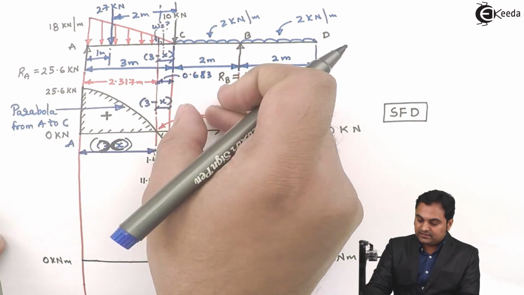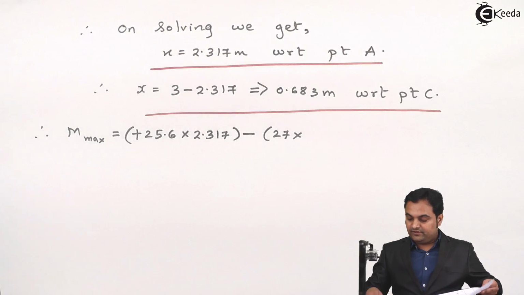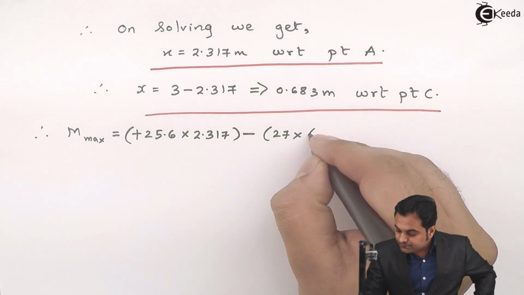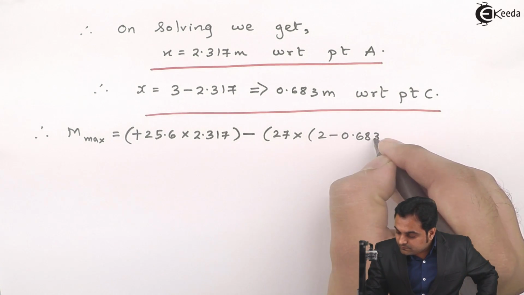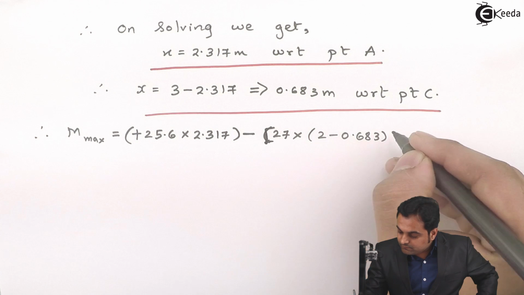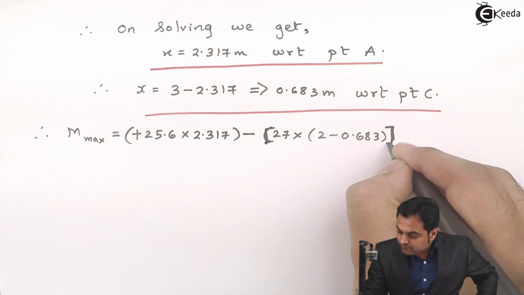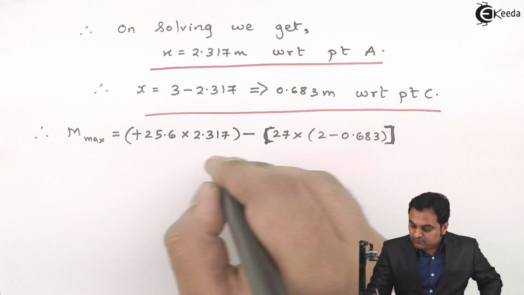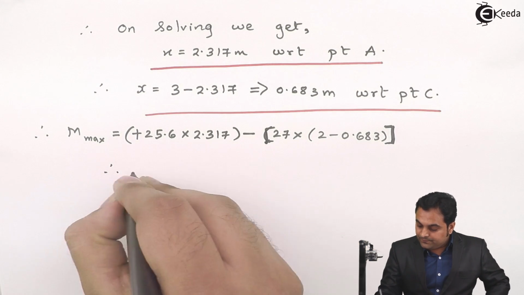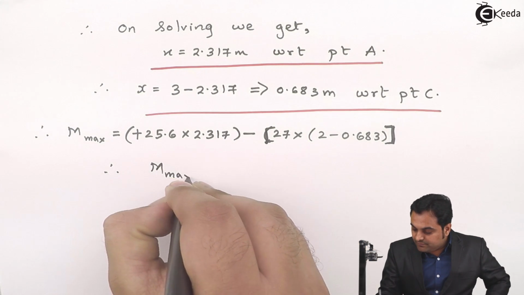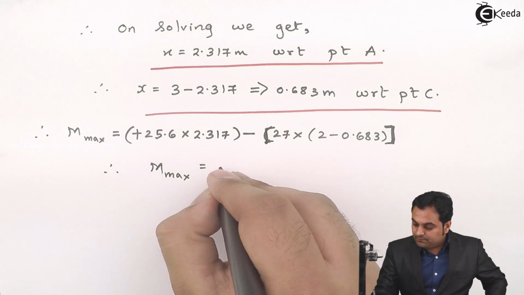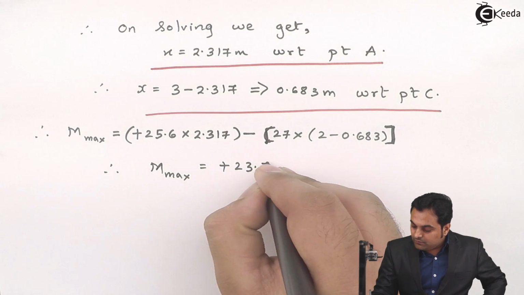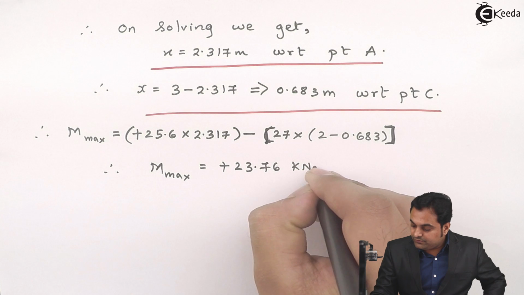So from 2 I'll subtract 0.683, that will give me the distance. So therefore on calculating, I'll get the maximum bending moment as plus 23.76 kilonewton meter.